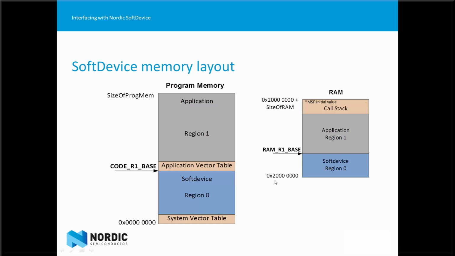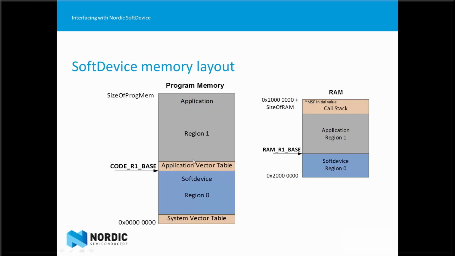And for the RAM, it starts from address hex 2000 0000 and goes until RAM R1 base. So the application RAM region will have to start from RAM R1 base until the top of the RAM address. Same with the flash or the program memory.